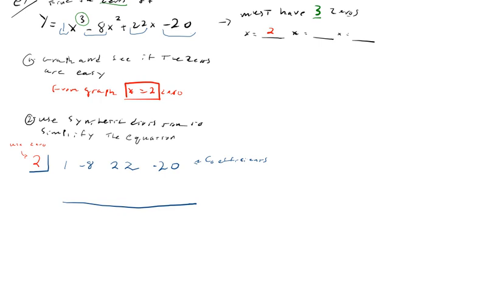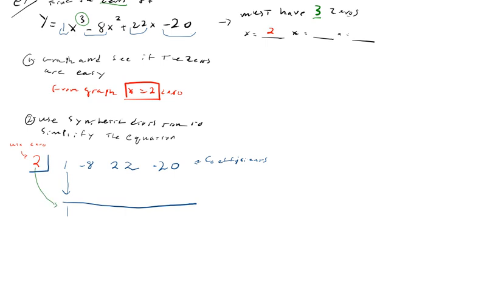And then what? Multiply and add. Very good. Take the 2, multiply: 2 times 1 is 2, and put the 2 up here, and then add. Multiply and add. -8 plus 2 is -6.